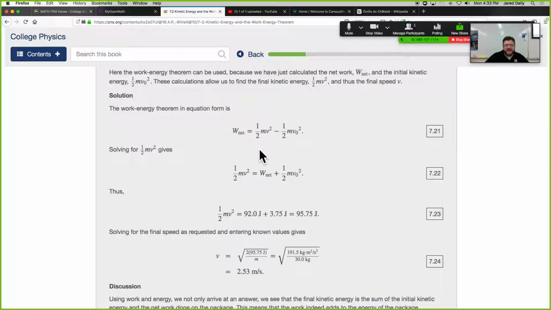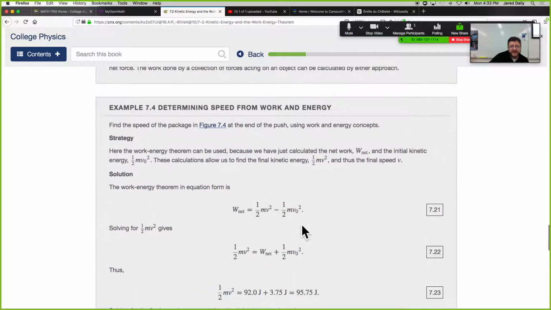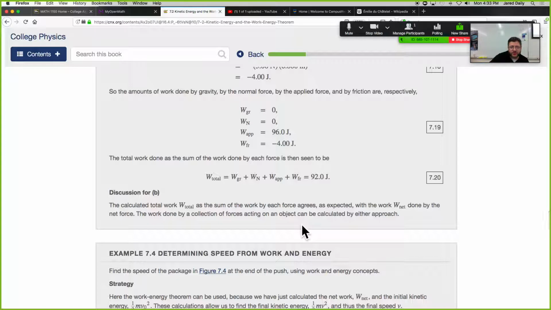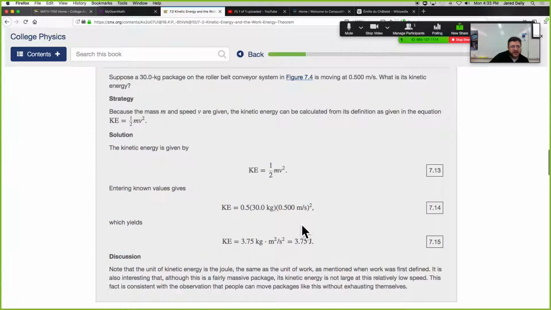Oh, here we go. In the previous problem we actually calculated the kinetic energy of the moving package, which is 95.75 joules. So that's actually the total kinetic energy of the package.